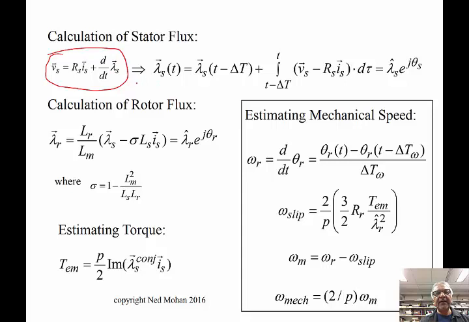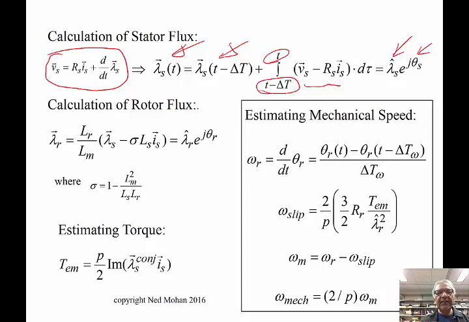We can write it in this form, where at time t is equal to the value at the previous time step, plus the integral of this quantity from the previous time to the present time. This is a vector, so it has an amplitude and an angle theta sub s. That's the equation for the stator flux linkage space vector.